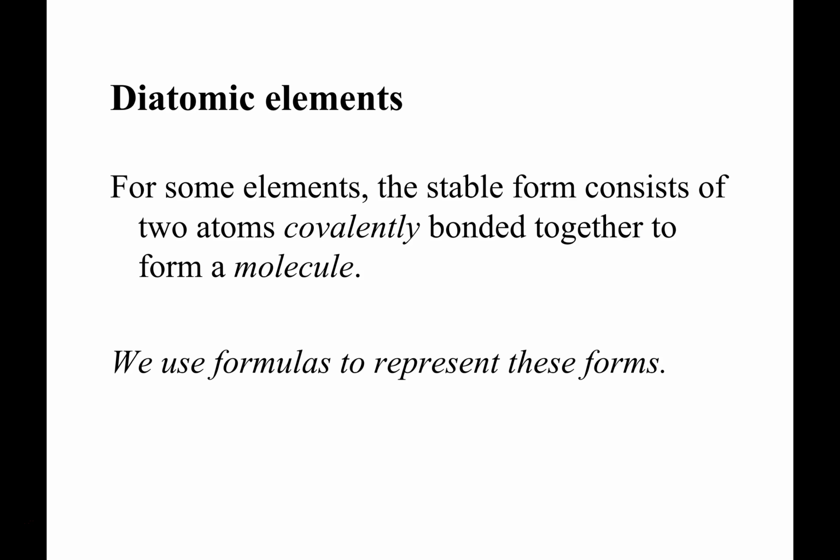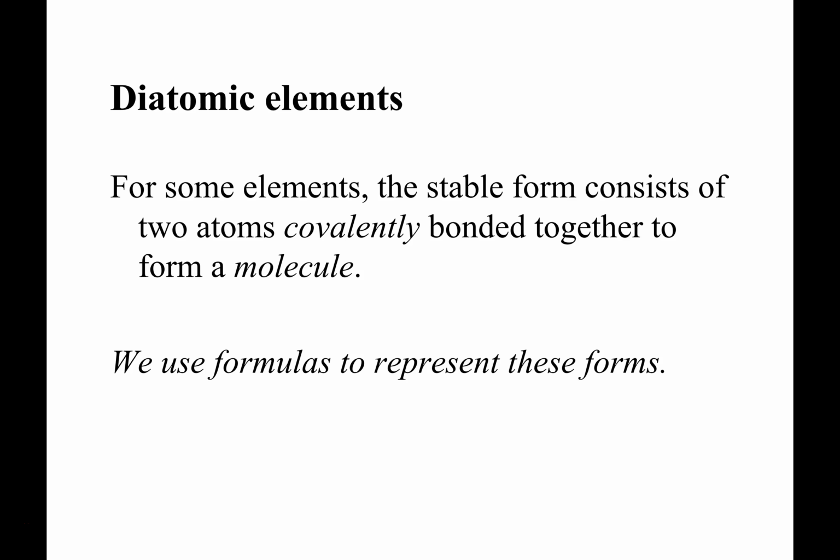So there are 7 elements, and this is kind of fun because we talked about this a little bit in general chemistry too. If you go to a different planet, you'll be under different atmospheric conditions, temperature and pressure. And these 7 elements that are diatomic at Earth's pressures and temperatures may not be diatomic elsewhere.